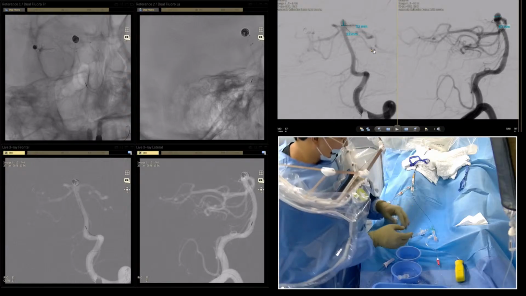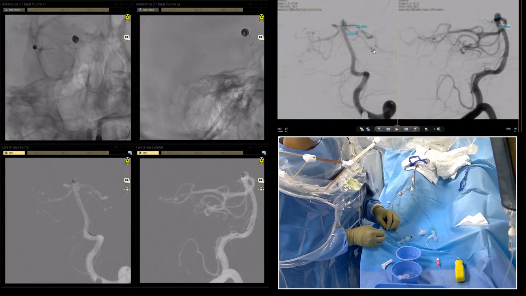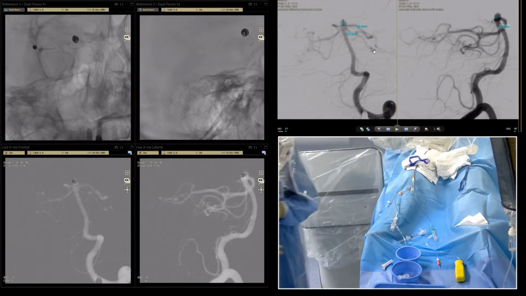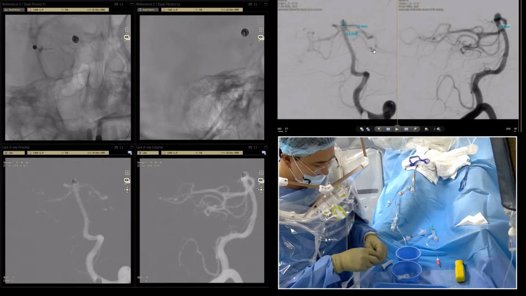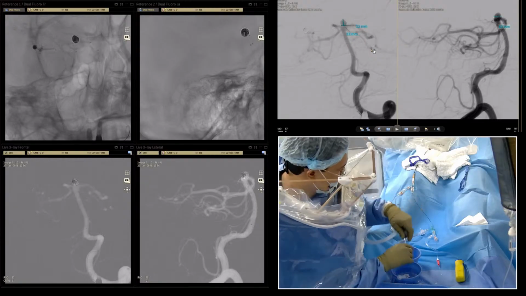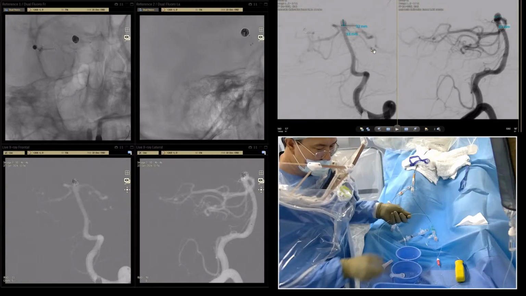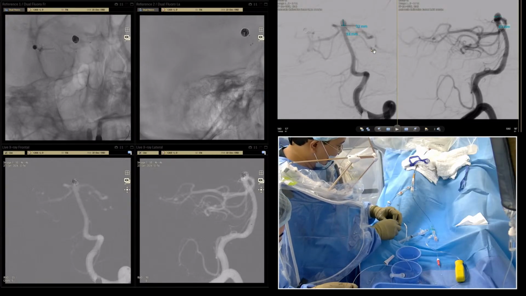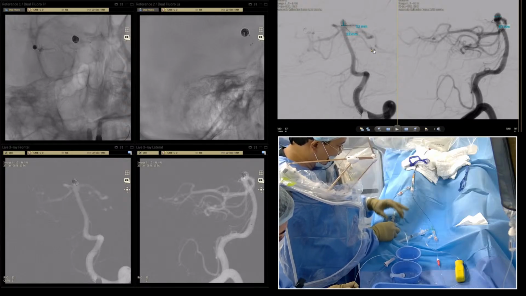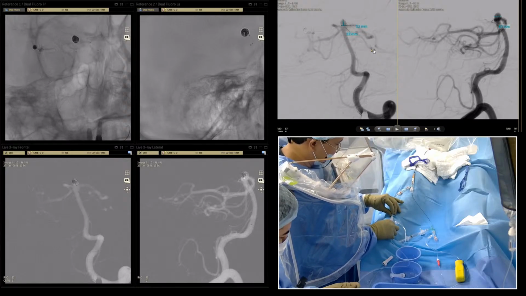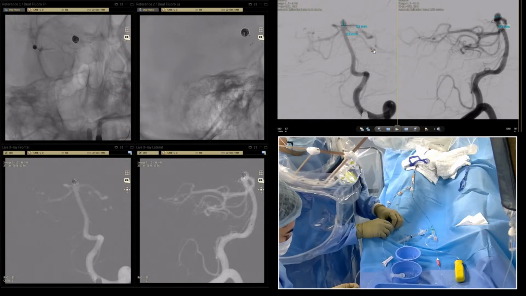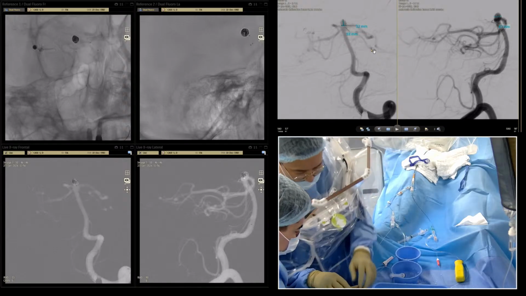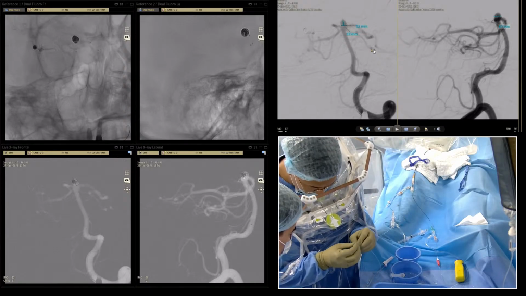I think the previous coils were with manufacturer damage. It's an Avenir.